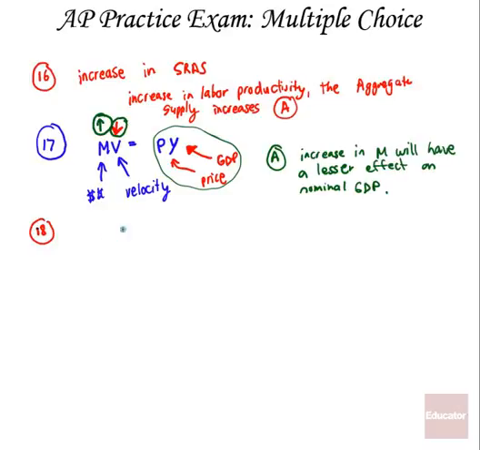A stimulative fiscal policy would be expansionary. So expansionary fiscal policy, okay, so it increases GDP, lowers unemployment, and it raises interest rates.